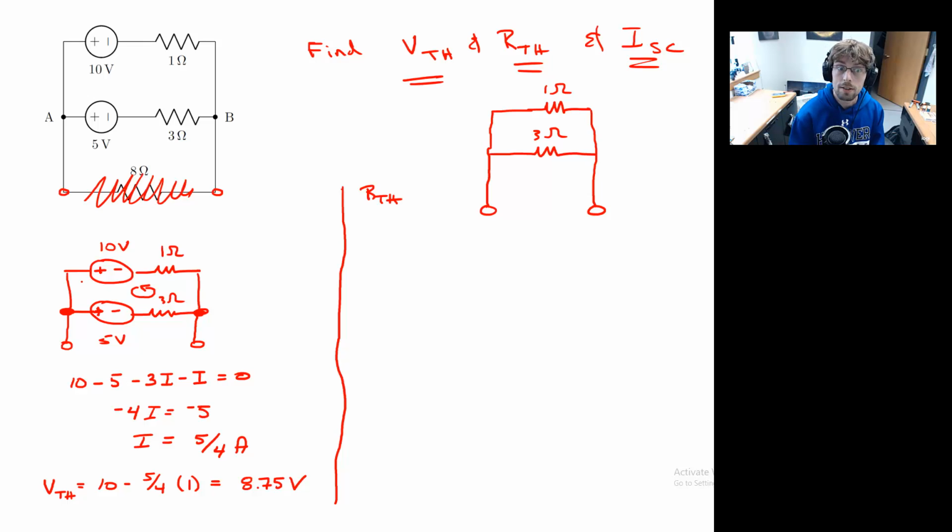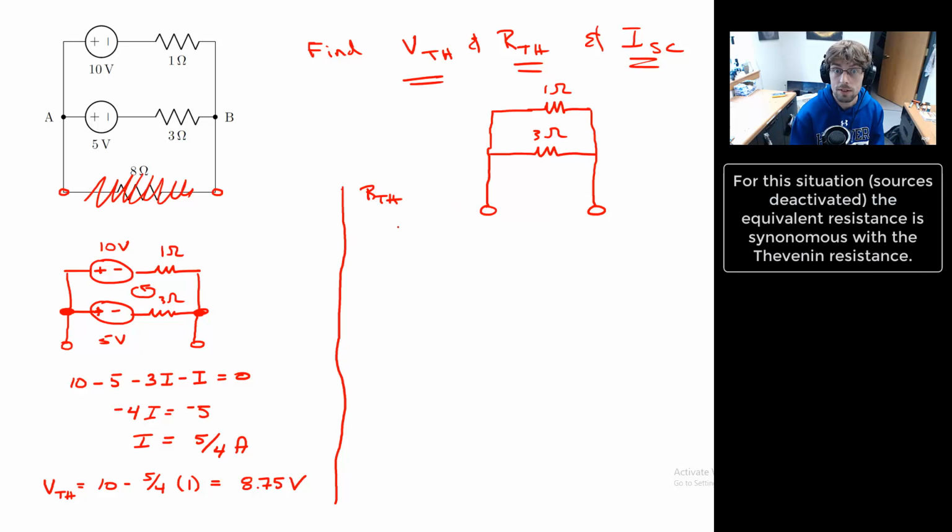So if I want the equivalent resistance or the Thevenin resistance for this situation, okay, we see that we've got our two resistors in parallel. Okay. So what is this? This is 3/3.